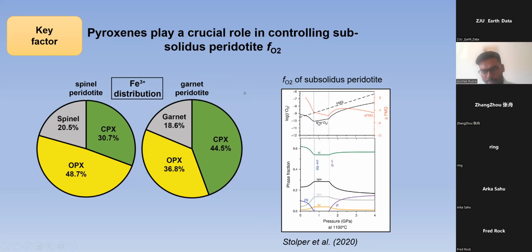So both the absolute fO2, which is a log of fO2, as well as the delta FMQ, which is the relative oxygen fugacity change, sort of mimic the way the CPX and OPX abundances are also changing. So they are not only reservoir phases of ferric iron in the upper mantle, but they're also indirectly influencing what the oxygen fugacity of the subsolidus pyrrhotite would look like. So these are very important phases to understand from the prevalence of ferric iron.